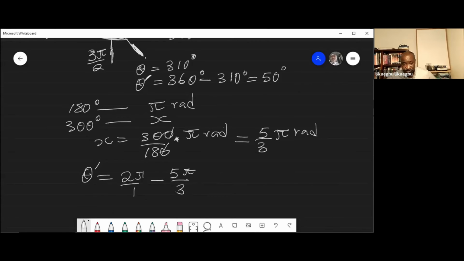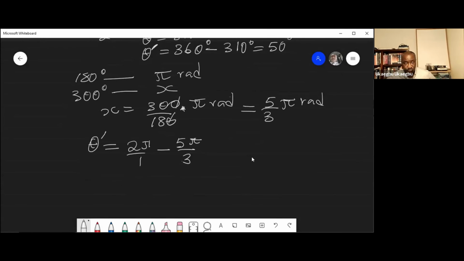So what will you do in order to solve this? You can write this as 3 times 2 is 6, 6 pi over 3, minus 5 pi over 3. So your answer, since the denominator is now the same, is going to be pi over 3 radian.